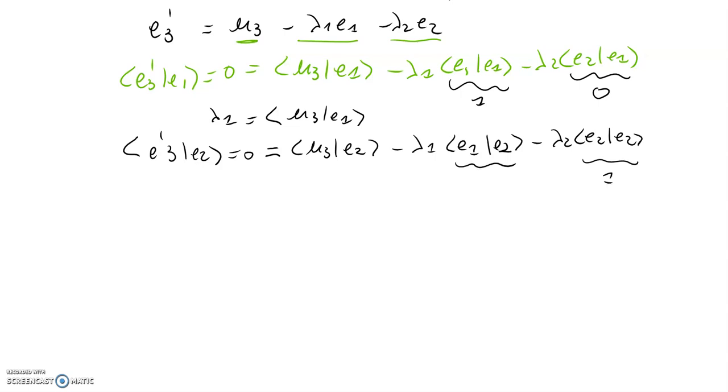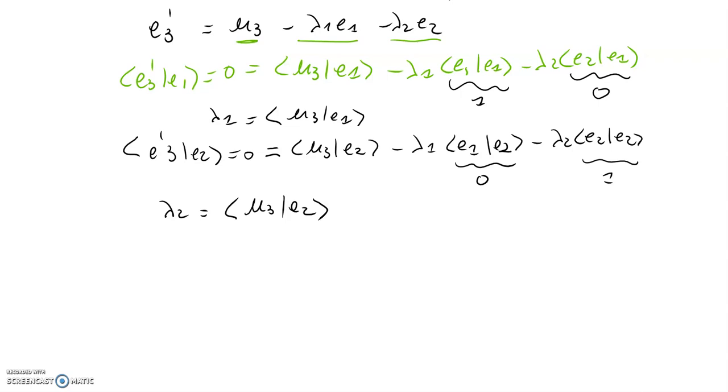That's 1, that's 0, and we get that lambda 2 is actually, as we knew it would be, because that corresponds to the components of u3 in the E1, E2 family, which is orthonormal. So it's given by the scalar product of u3 with E2. And that's it. We've got everything we need.